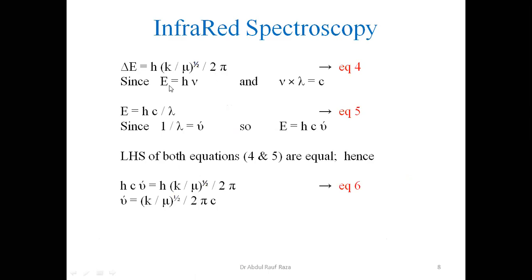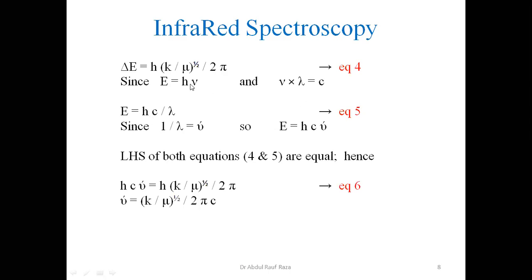And we also know energy in terms of photons. Energy of radiation is equal to h nu. This is Planck's relationship, Planck's equation. So the left hand side of both equations is the same. All right, so the right hand side should also be equal.